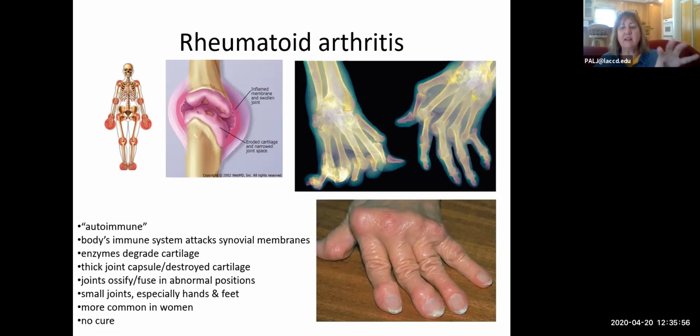And so it sends out inflammatory components which are going to attack the synovial membranes, and they're going to release enzymes which will then destroy the cartilage. And so what happens with rheumatoid arthritis is the entire joint gets totally destroyed.